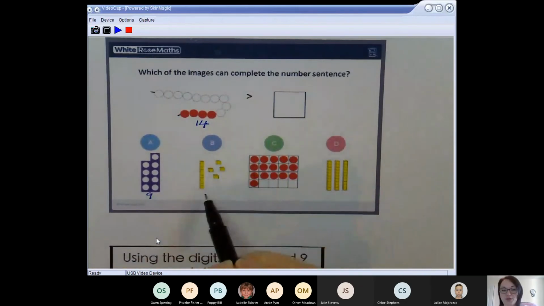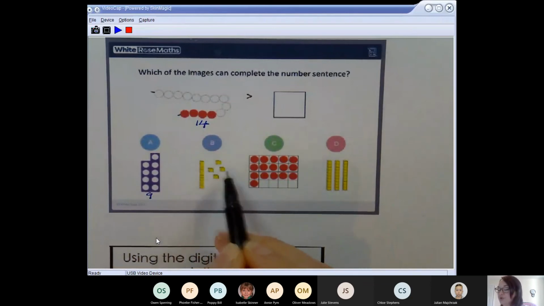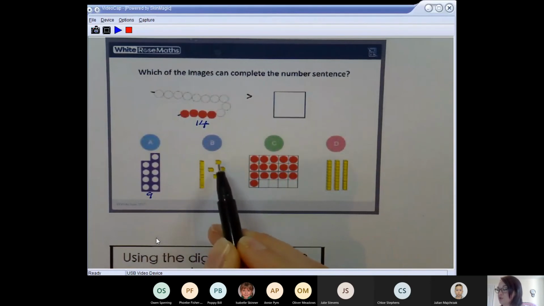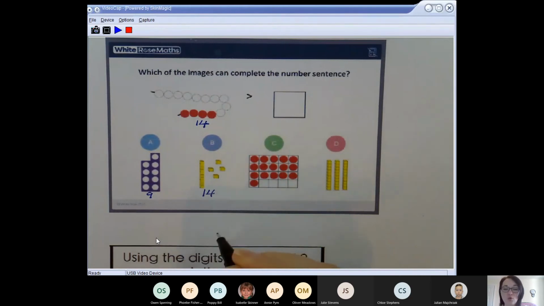Then we move on to picture B, and I've got my Deans here. I've got a 10s rod and then 4 units cubes or 1s cubes. So 10, 11, 12, 13, 14. Ooh. So that picture also represents 14.